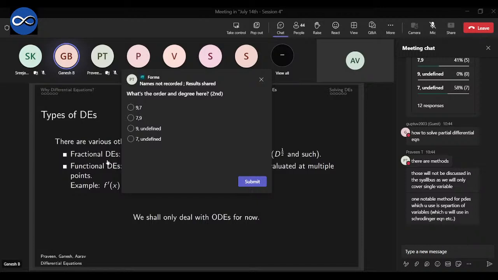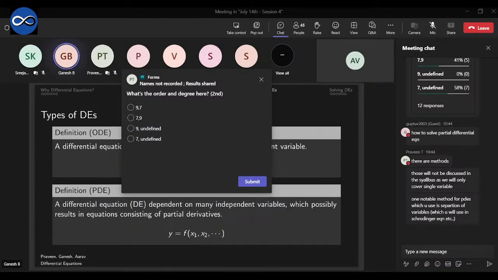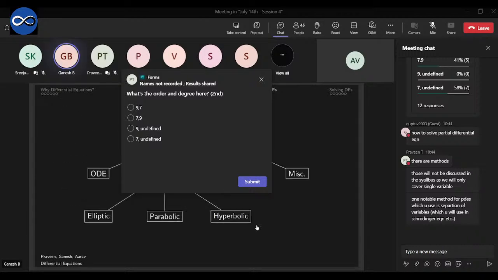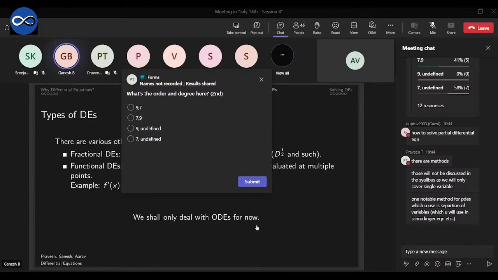And there is something of functional differential equations. I think you should have encountered this in your JEE. F dash of x is blah, blah, blah. These are functions and their derivatives evaluated at multiple points, as in, the arguments are not the same. Say, going back to a differential equation, you have all these different derivatives, but they are not evaluated at one particular point.